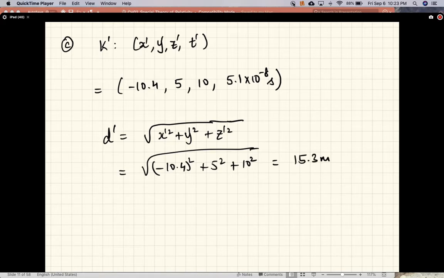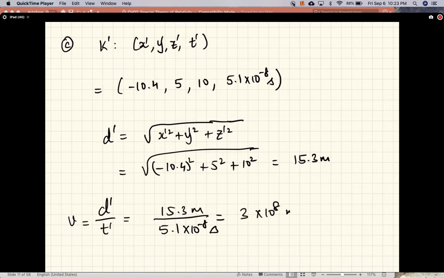Okay. And so let's calculate d prime over t prime. That should be the velocity of that light signal, and that's equal to 15.3 meters divided by 5.1 times 10 to the minus 8 seconds. And so this is 3 times 10 to the 8 meters per second. All right, so the speed of light is the same in all frames of reference. That's what we've verified. Okay, that finishes that problem.